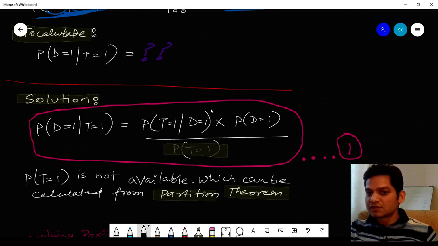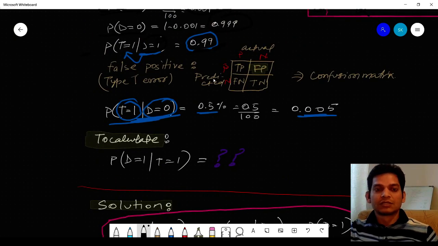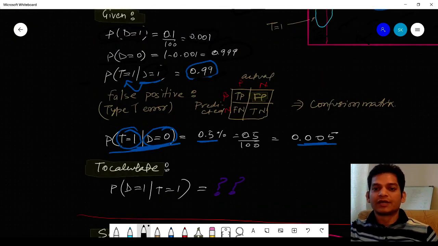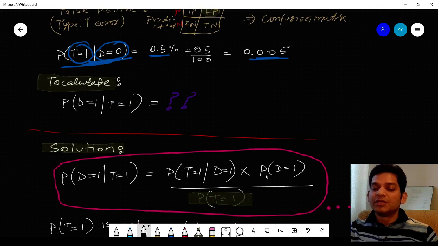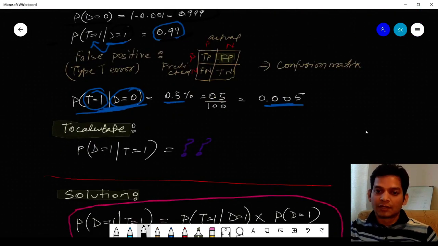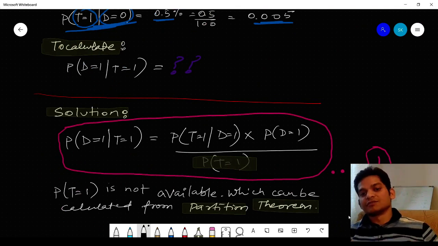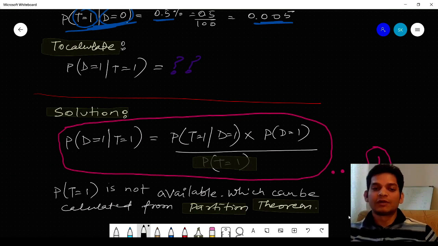Most of the things we know. This first term is given, 0.99, and P of D is equal to 1 is also given, which is 0.001. But P of T is equal to 1, the probability of having a positive test, is not given.